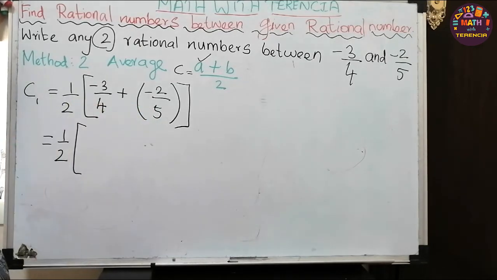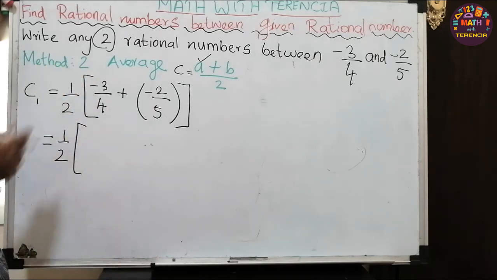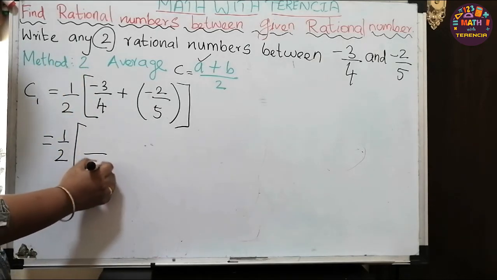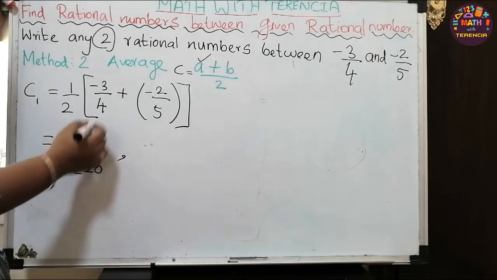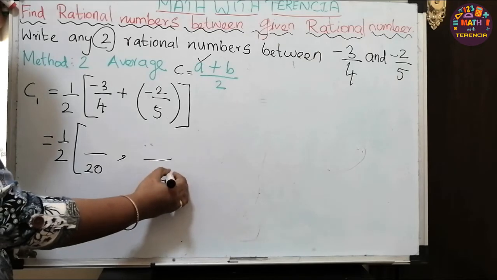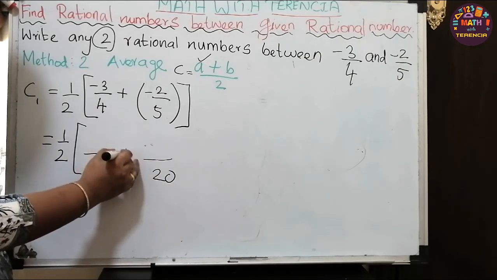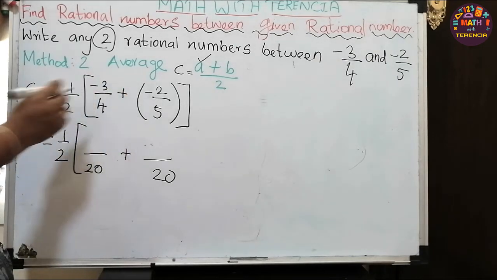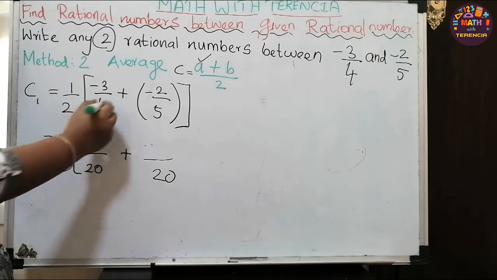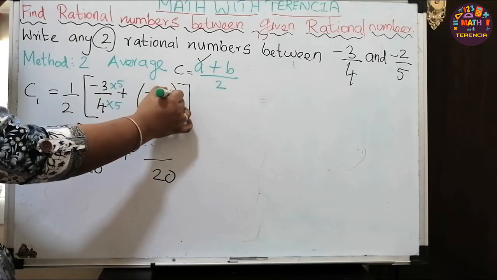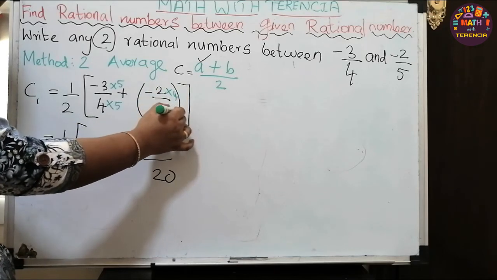Since the denominators are different, you can't add it directly. So I need to change this denominator the same as we found in the previous method. The LCM of 5 and 4 is 20. I need to change these two fractions with denominator 20. So I need to multiply by 5 in the first fraction and here by 4.